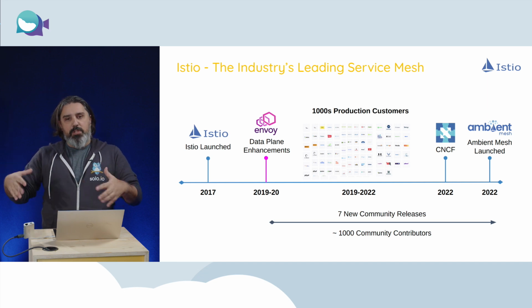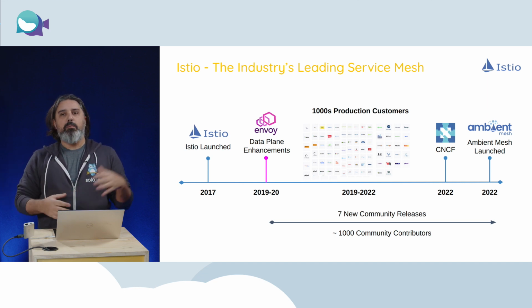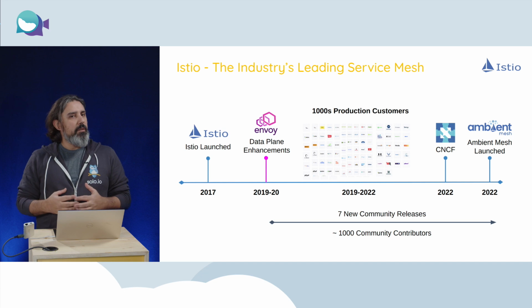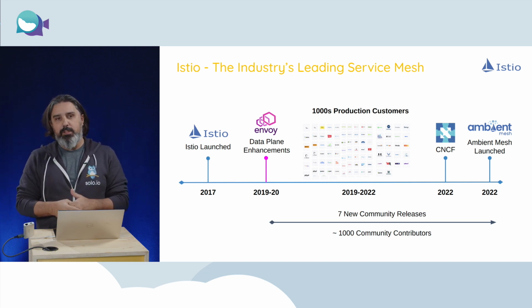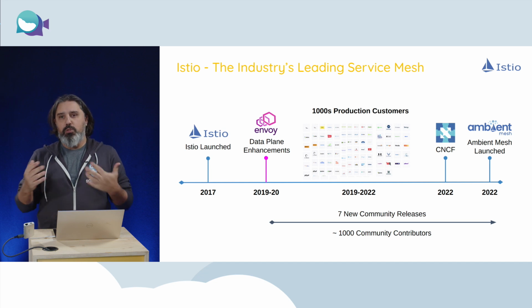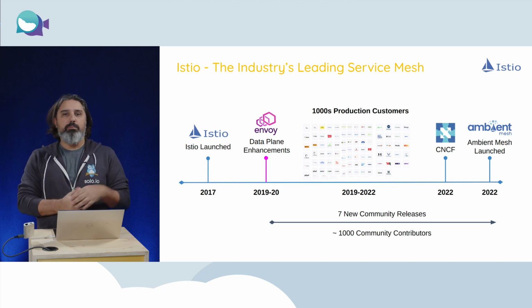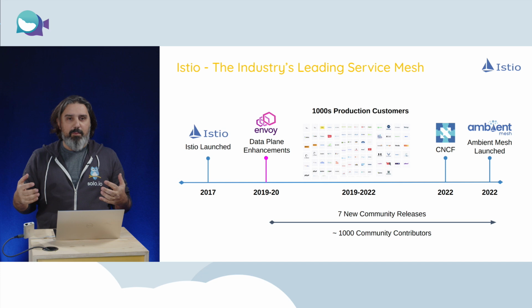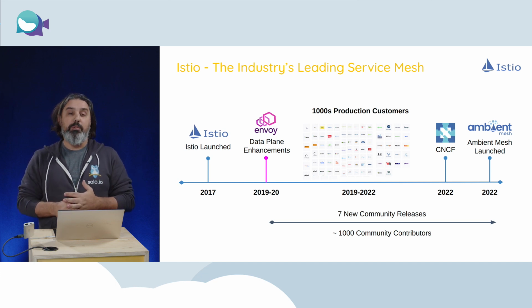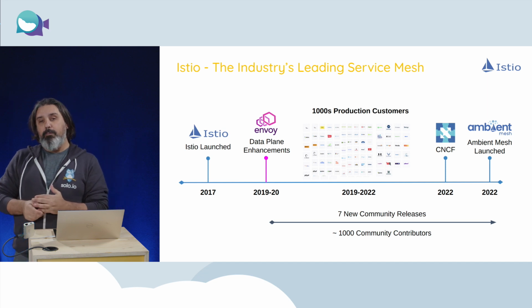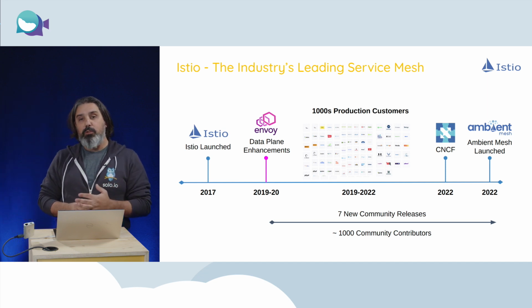Among the Service Meshes there are many on the market, but one emerges as the leading Service Mesh in the community and the industry, which is Istio. Istio was born out of a Google project, like Kubernetes itself, and was recently donated to the Cloud Native Computing Foundation.